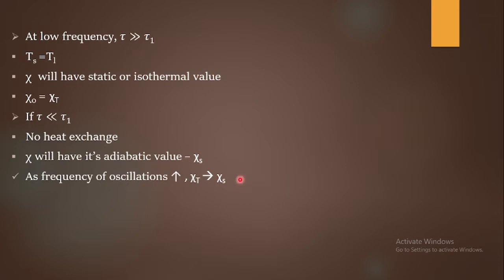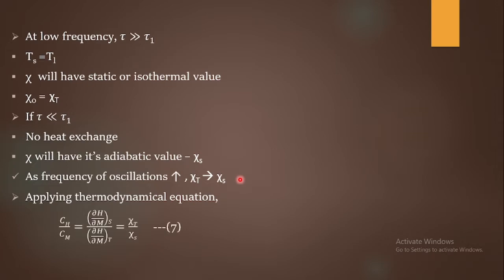So as we are explaining isothermal and adiabatic, we can relate it to thermodynamics. So again we are going to apply a thermodynamical equation where chi T and chi S will be involved. The standard equation is something like this, where Ch is the specific heat at constant field, H is the field, and Cm is the specific heat at constant magnetization.